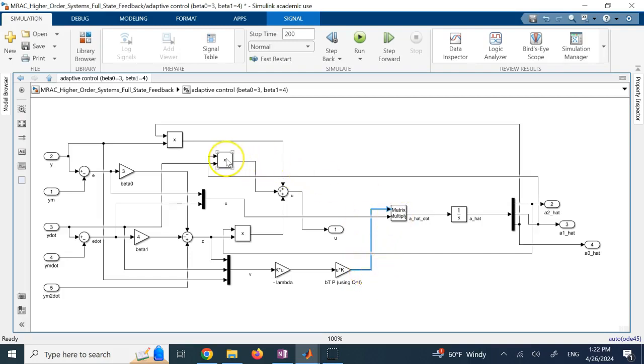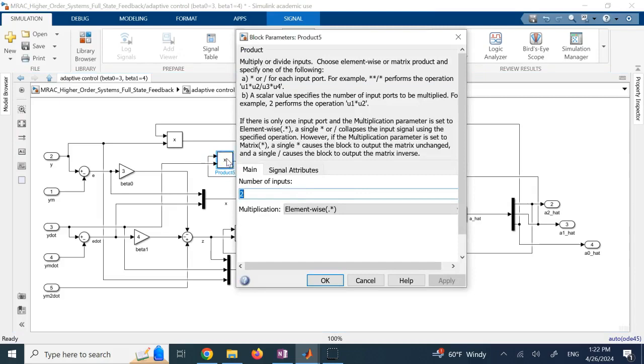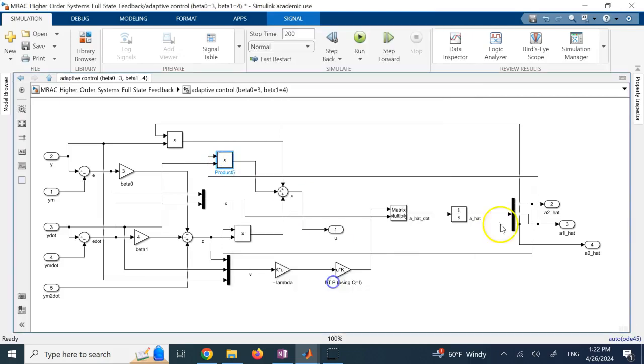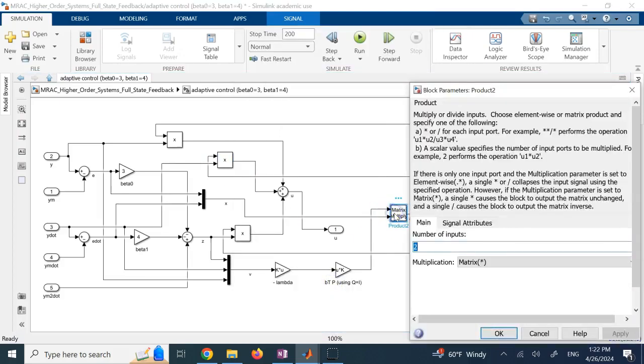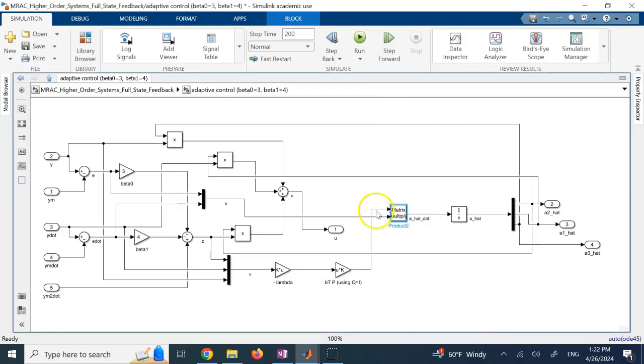So I use the multiplication block, called product. But this product, not only can you do element-wise, if you want, you can do matrix multiplication. So here you have to do matrix multiplication. And the one on the top is the left side, the one on the bottom is the right side. So all of that term goes to the left, x goes to the right.